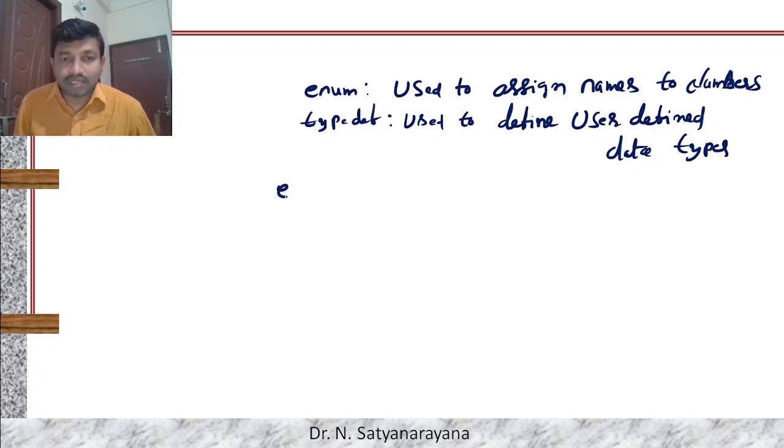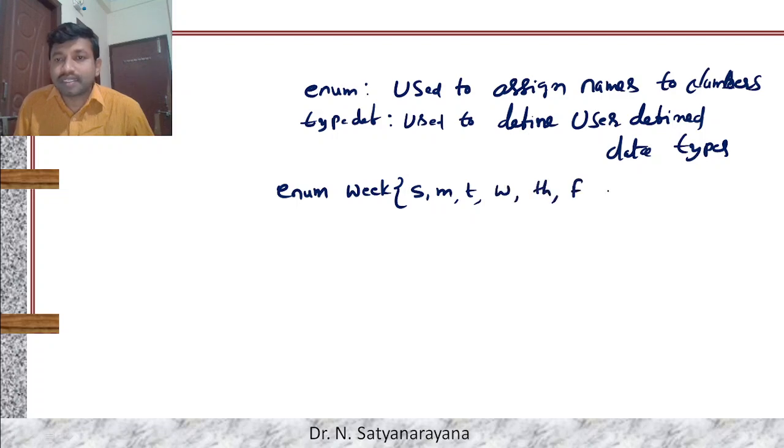So if you want to assign names to the numbers, you can use the keyword enum. For example, enum week, you can define the list of variables in the week. Let it be Sunday, Monday, Tuesday, Wednesday, Thursday, Friday, Saturday. So when you declare the variable as an enum, the enum variables can take the set of values. This list of values taken by the variables has to be placed in the open curly brace and closed curly brace.